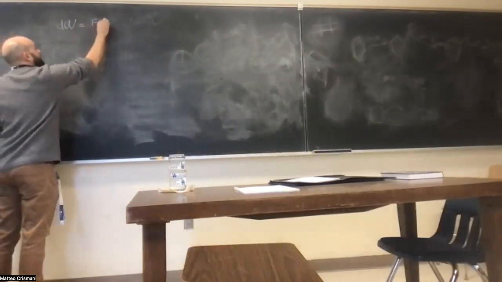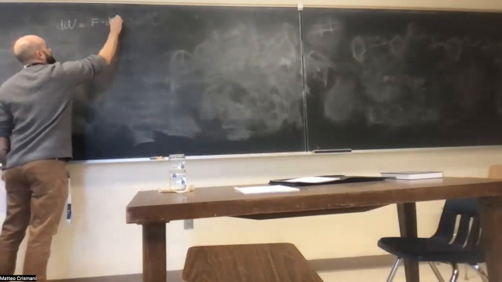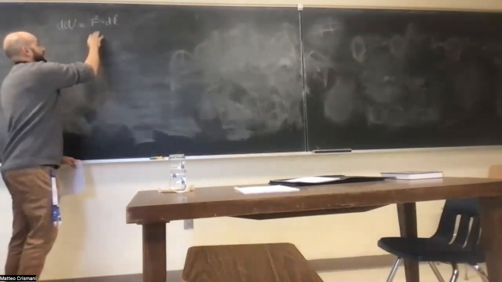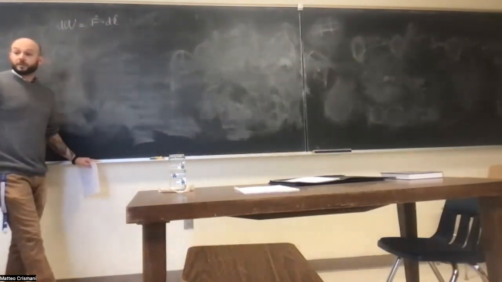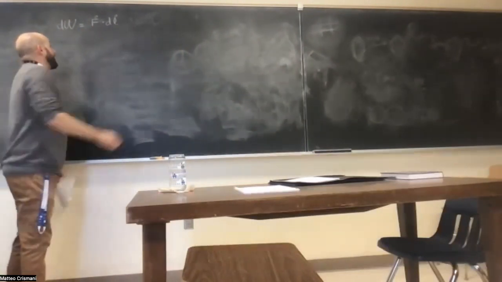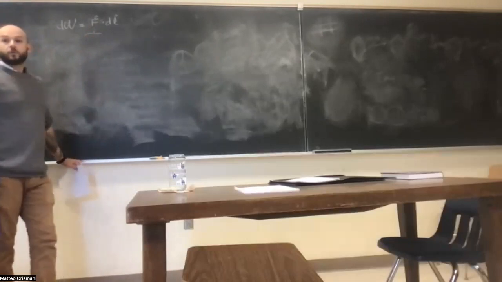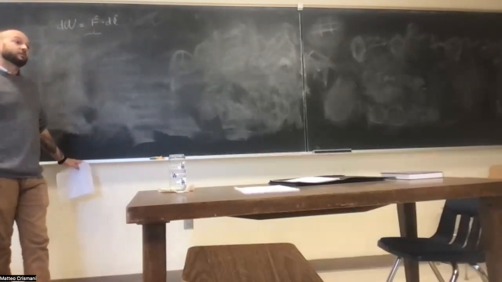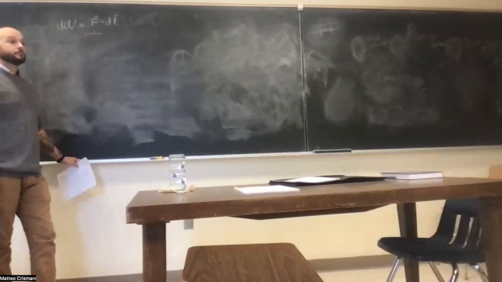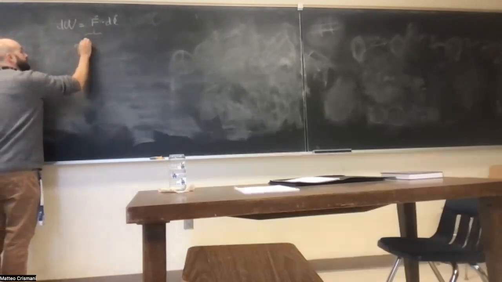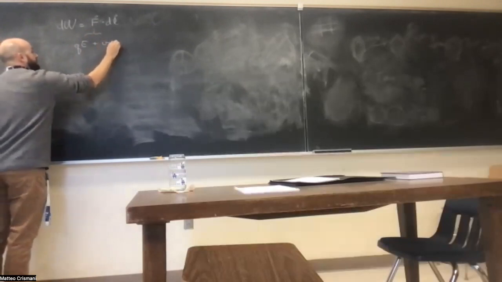So this will be the force over some little location, dl. Remember that it's a dot product, so both of these are vector quantities. And how do we write the force for anything happening in E and M, say a single particle? Oh, qE plus qv cross B, right?